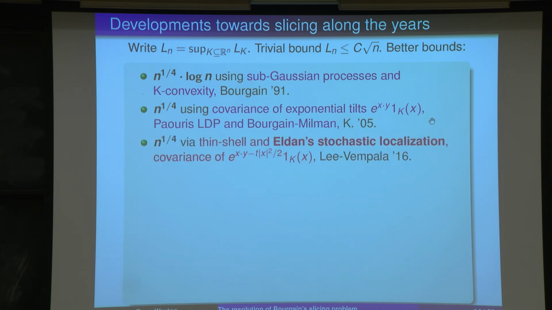Then, Lee and Vempala in 2016 used, in the midway, in 2012, Eldan wrote his amazing PhD. So Lee and Vempala got another proof of n to the quarter, which I think is also a third very different proof. They used the thin shell theorem, which we'll talk about today, and stochastic localization, so the exponential tilts were replaced by Gaussian tilts.